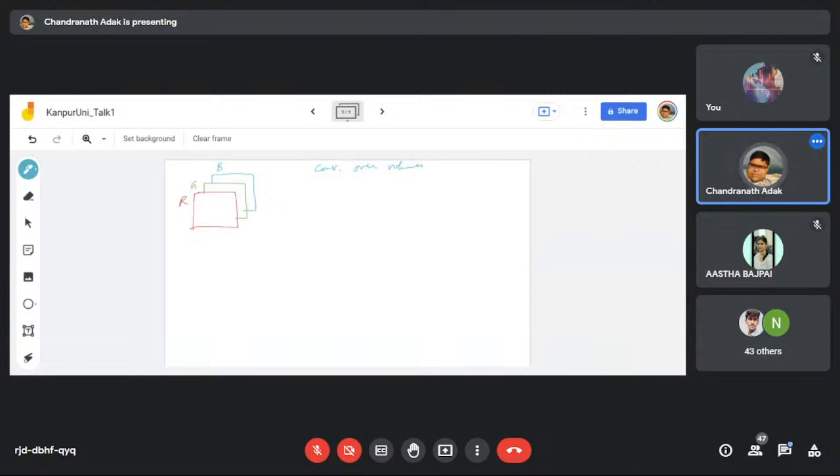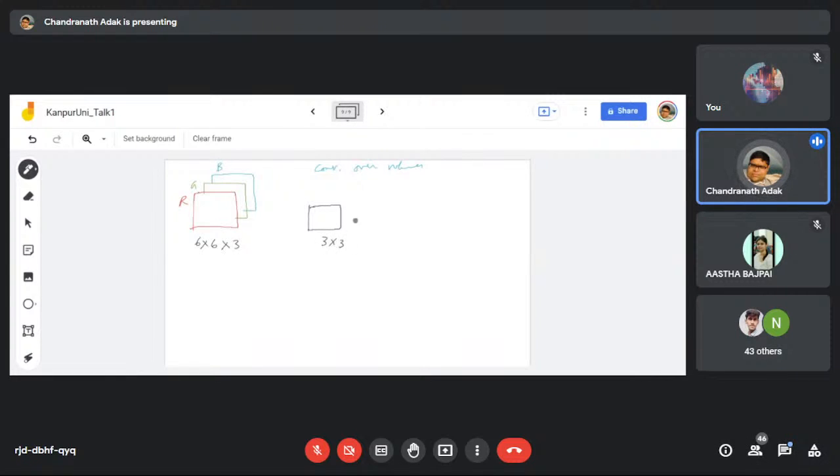Can anyone tell? Previously, in the earlier example, I had a 6 cross 6 image. Now I have 6 cross 6 into 3. Previously the filter was 3 cross 3.